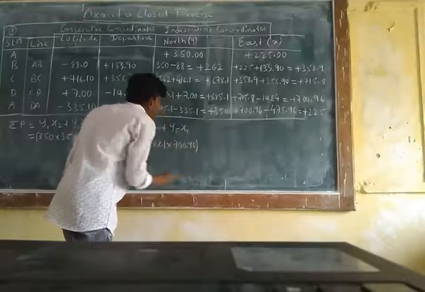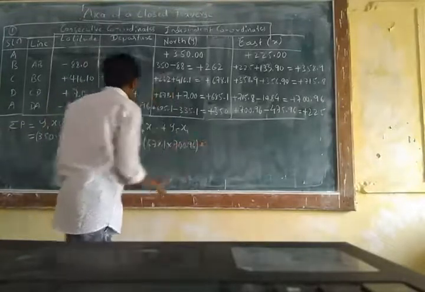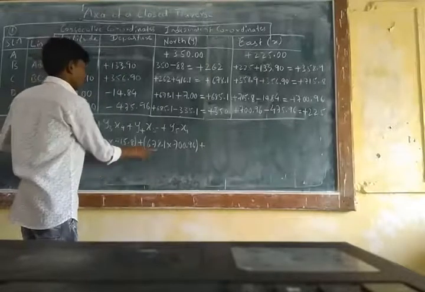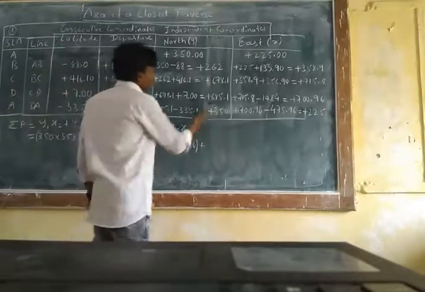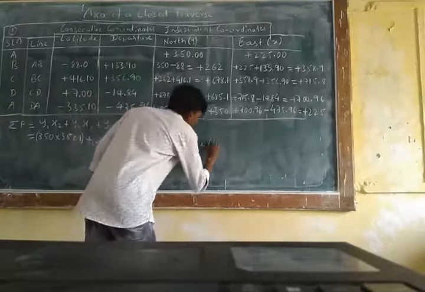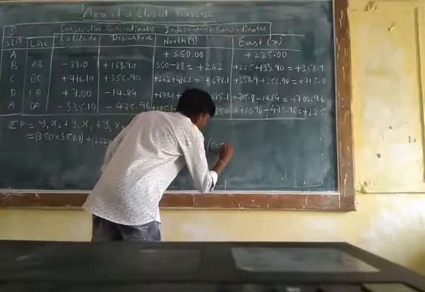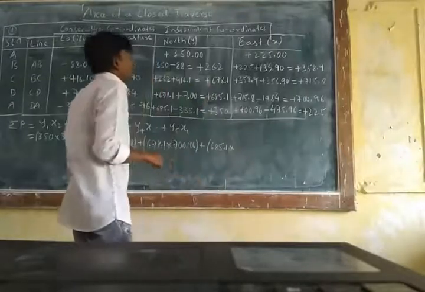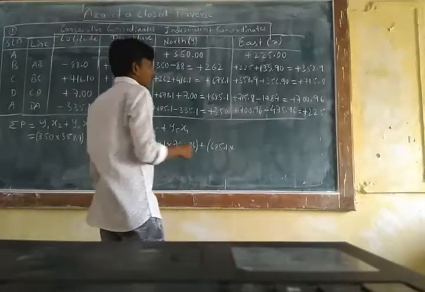700.96. Then plus y4 value is 685.1. 685.1 multiplied by x5 value is 225.